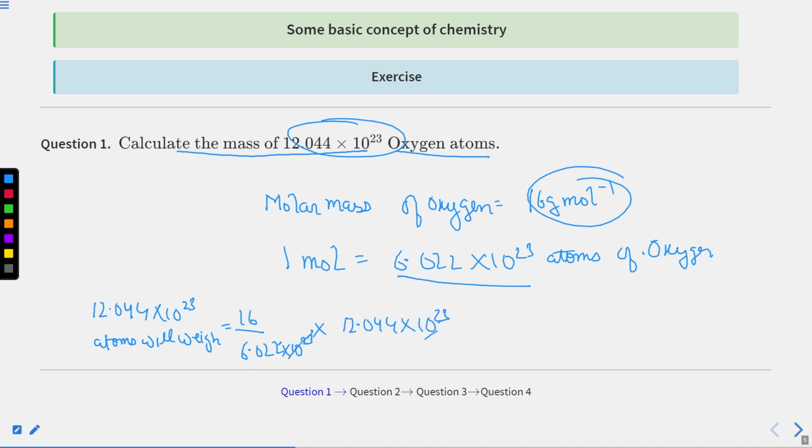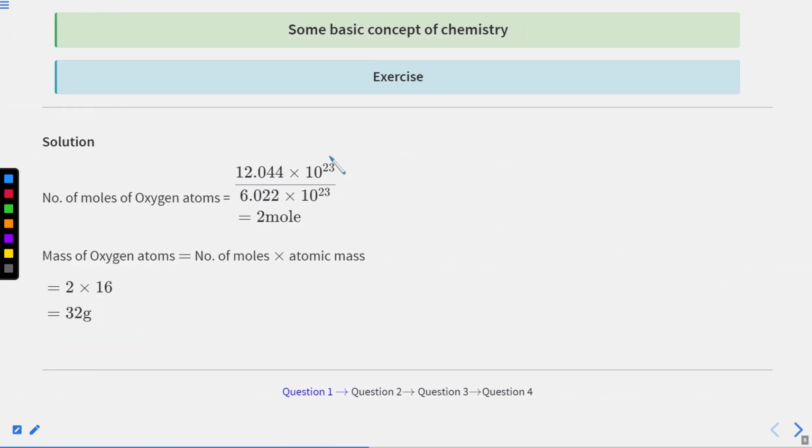This and this get cancelled out. So it is nothing but 2 multiplied by 16, which gives us 32 grams. So the weight of this many oxygen atoms is 32 grams.